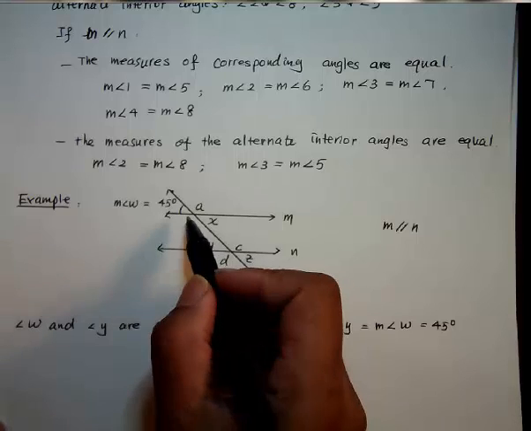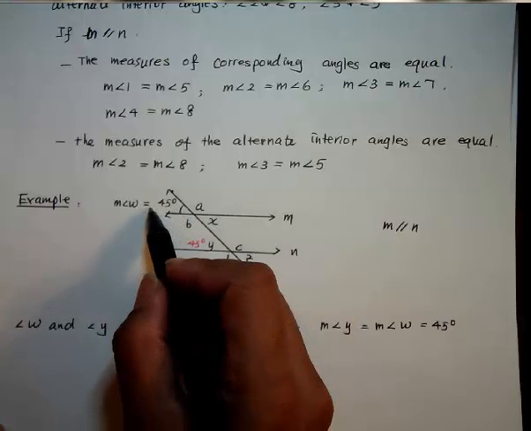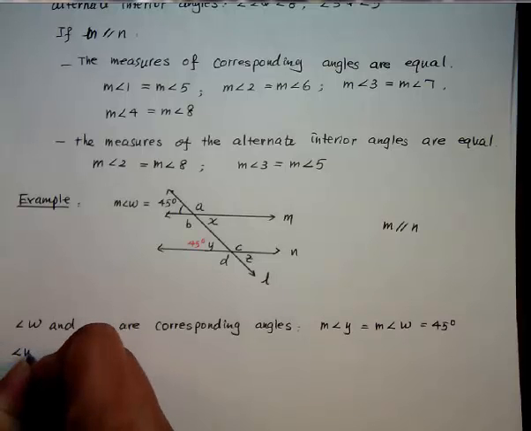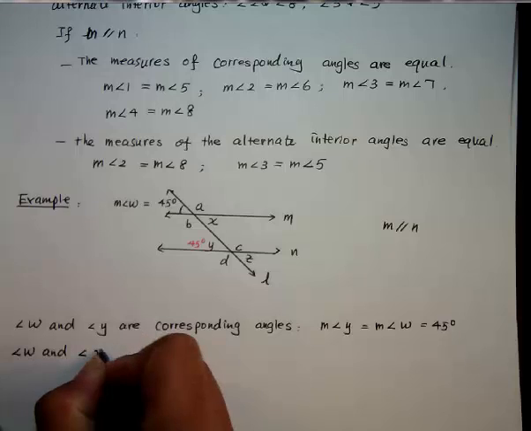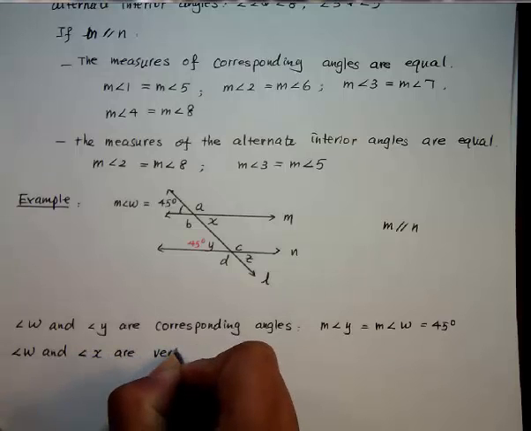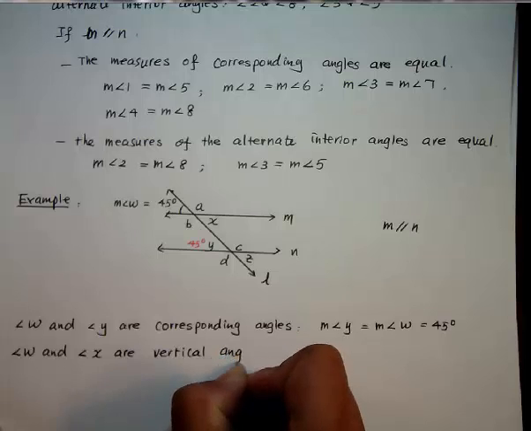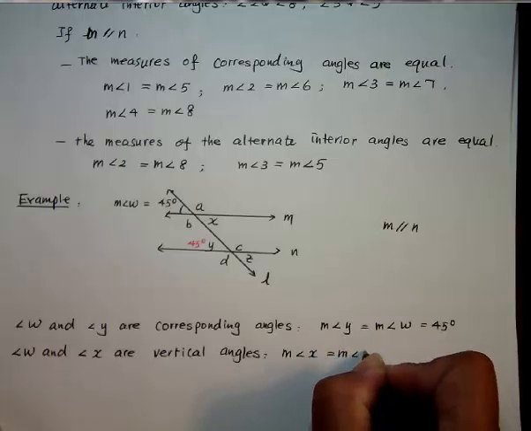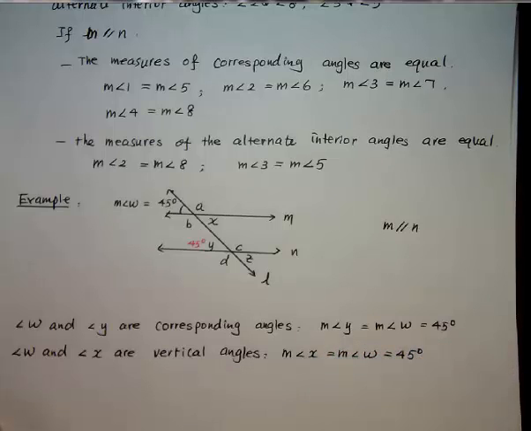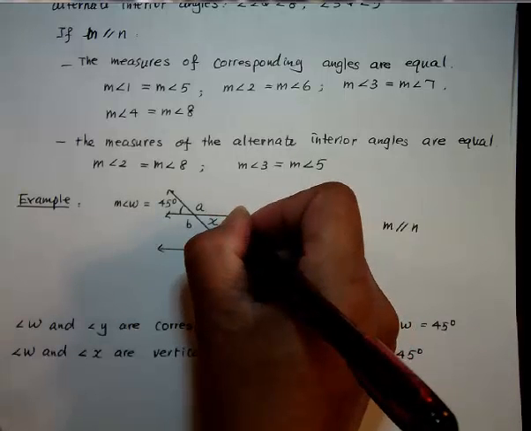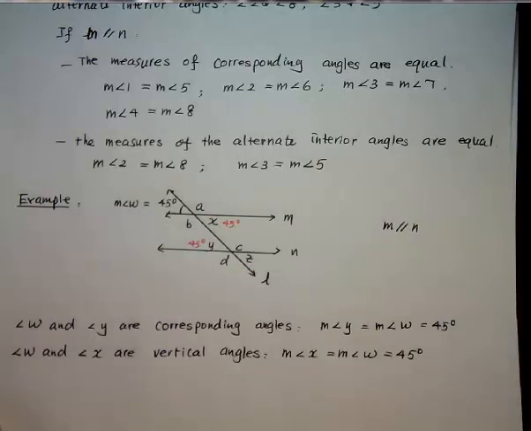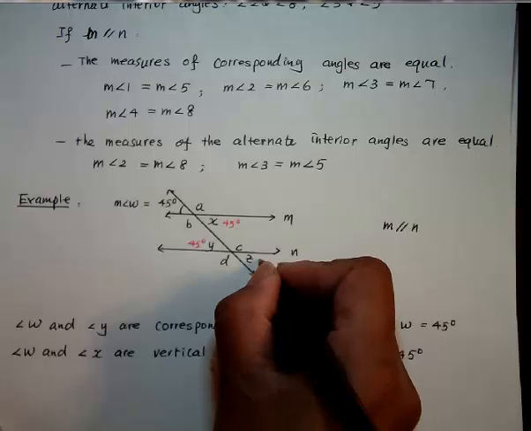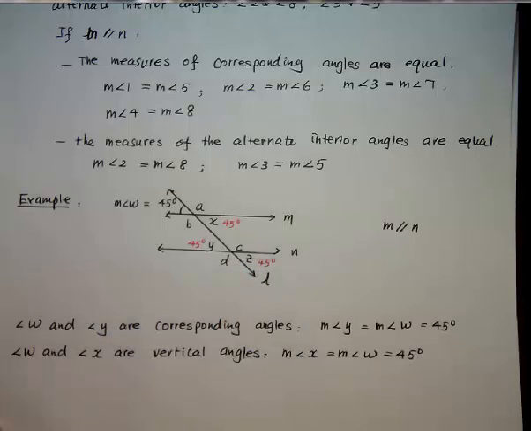Angle X and angle W are vertical angles. For vertical angles, their measurements are the same as well. So this is 45 degrees. Similarly, angle Z and angle Y are vertical angles, so angle Z is 45 degrees as well.